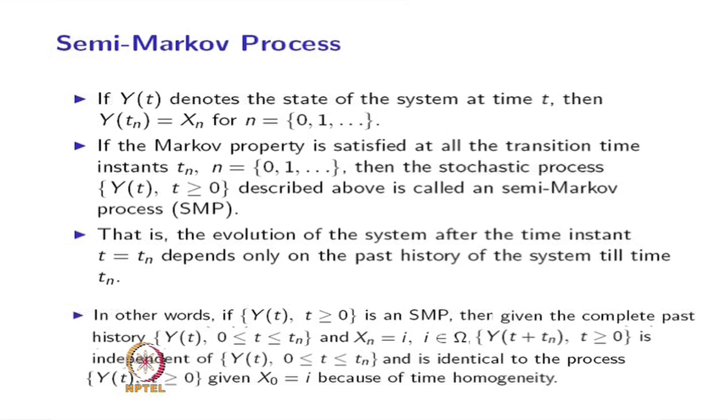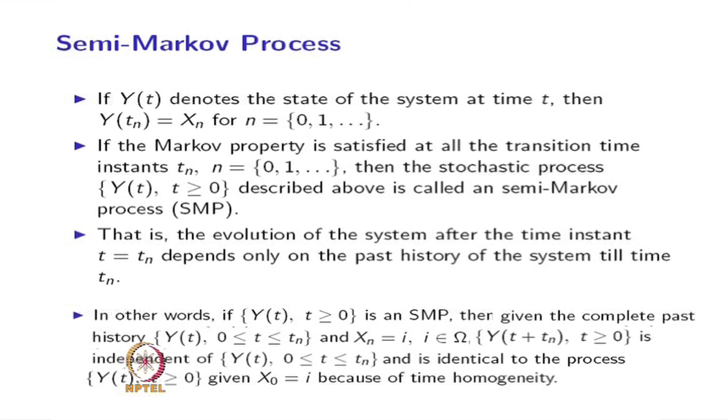Not only is Y(t plus Tn) independent of Y(t), it is also identical to the process Y(t) given x0 is equal to i because of time homogeneity. It is satisfying the time invariant property also.